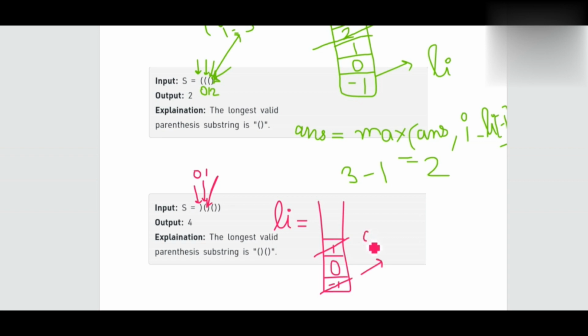So we check the answer, which is initially 0. We check i minus li of -1. The value of i is 2, the index of the closing brace. 2 minus the position of the topmost element, 0, is equal to 2.